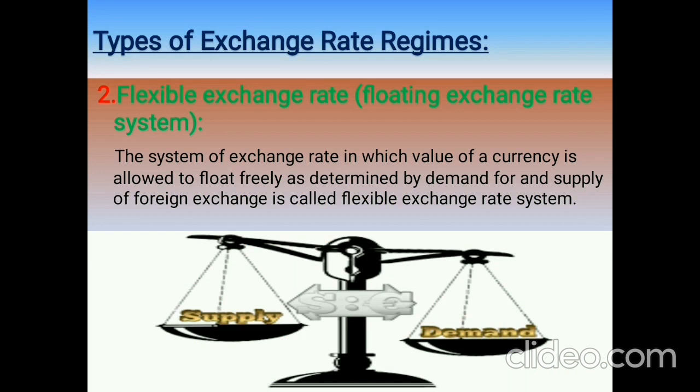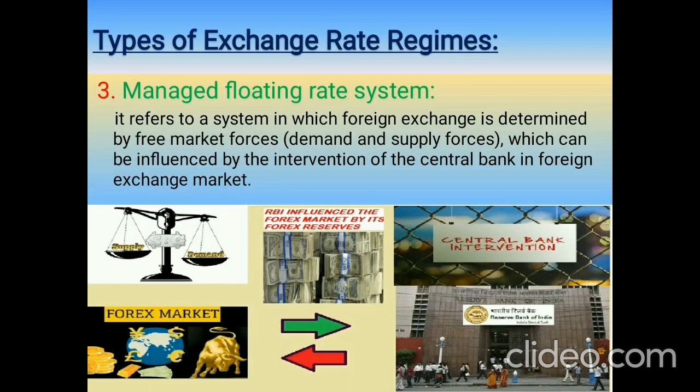And we have a third type of system, which is the combination of first and second, fixed and flexible: the managed floating rate system. It refers to a system in which the exchange rate is determined by free market forces, demand and supply forces, which can be influenced by the intervention of the central bank in the foreign exchange market. This system consists of the features of both flexible and fixed systems.